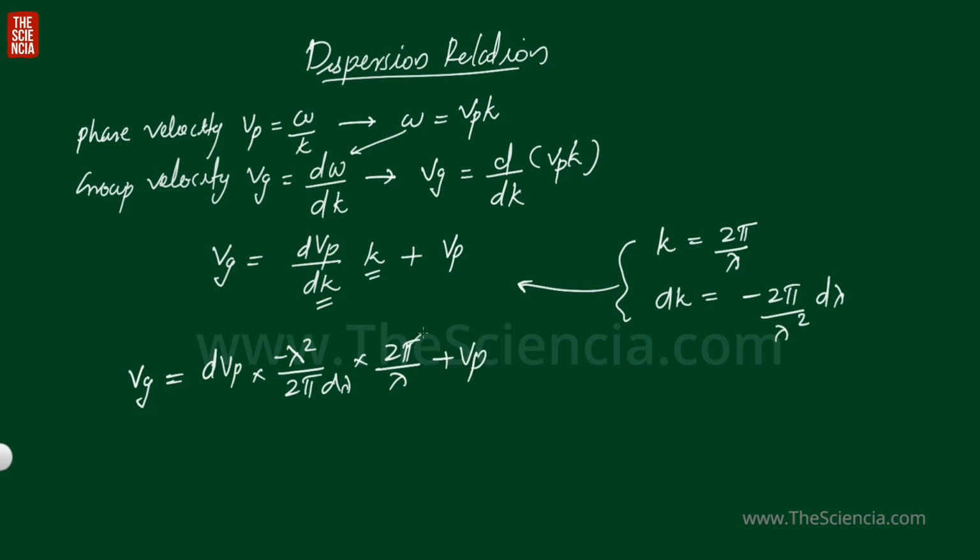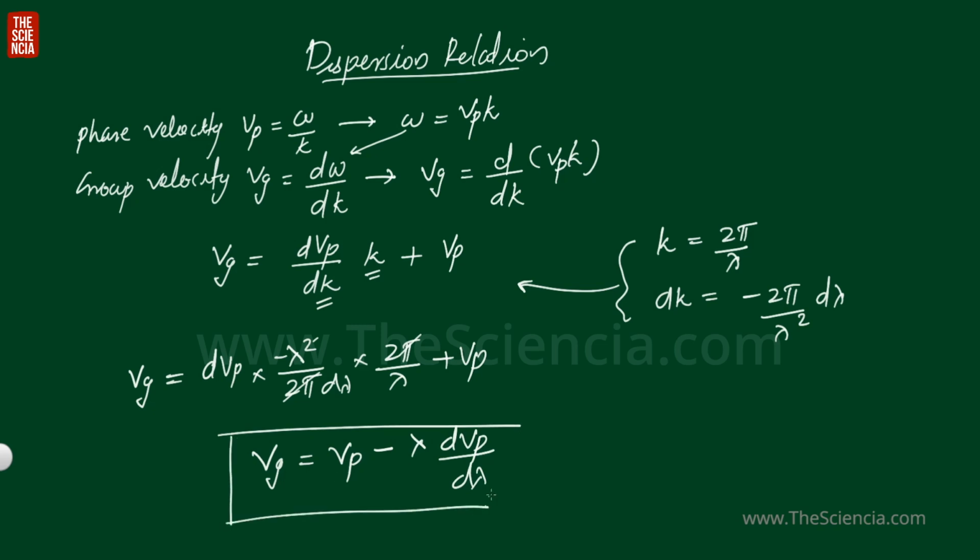So we can cancel this 2 pi and lambda square and lambda. So we get Vg is equal to Vp minus lambda dVp by d lambda. So this relation is called dispersion relation.